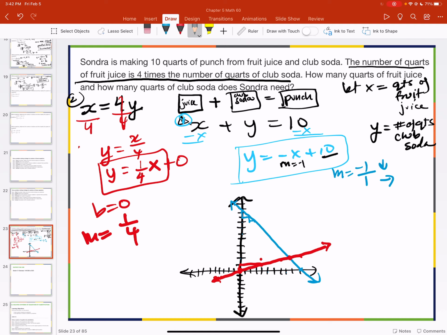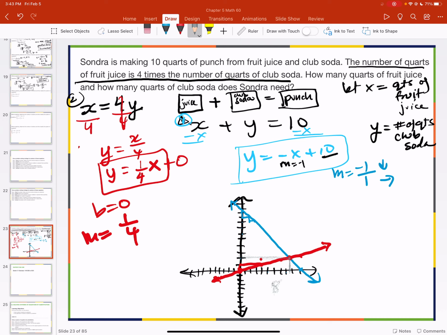Now, this is interesting because it looks kind of like here. And it looks like maybe it goes over here maybe. So like 9.5 or 8.5.